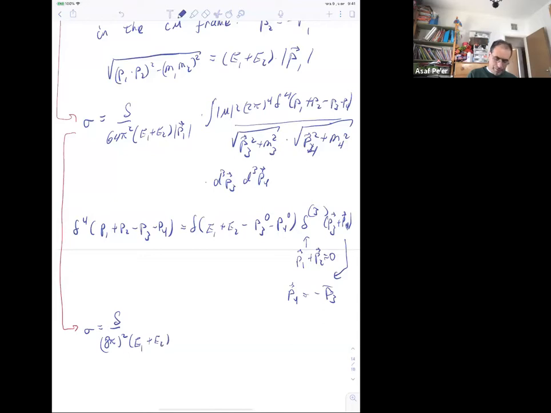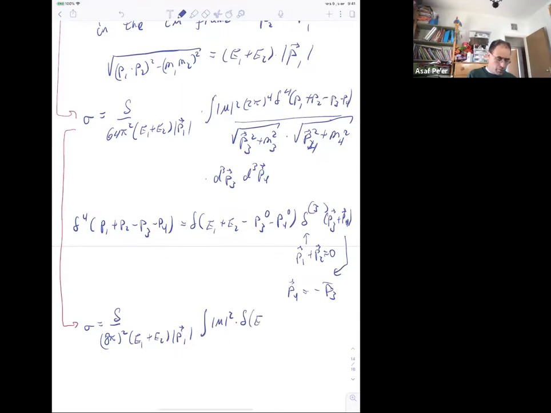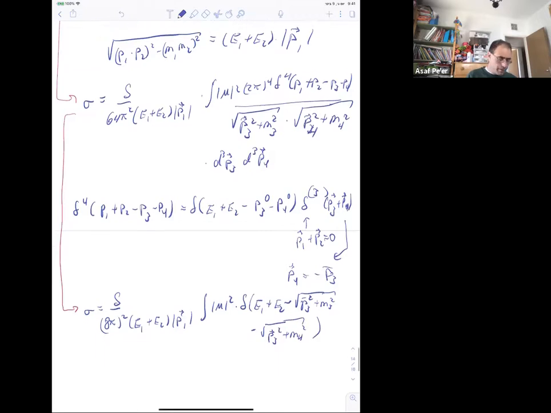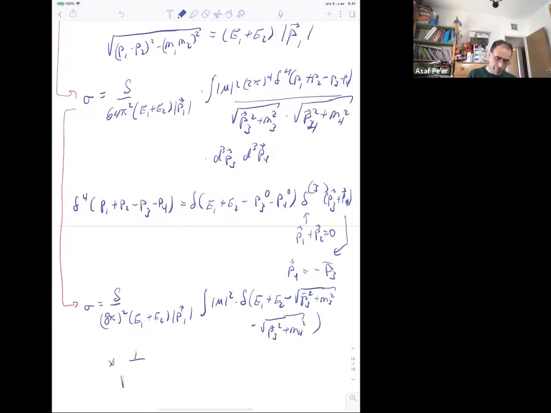E1 plus E2 P1, and then the integral of M squared times delta of E1 plus E2 minus the square root of P3 squared plus M3 squared minus the square root of P3 squared plus M4 squared, times 1 over the square root of P3 squared plus M3 squared, the square root of P3 squared plus M4 squared, d cubed P3.